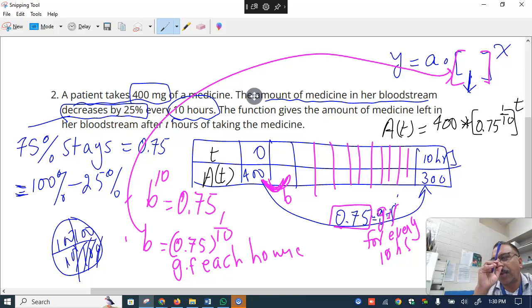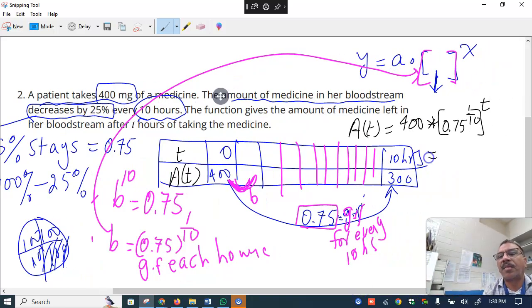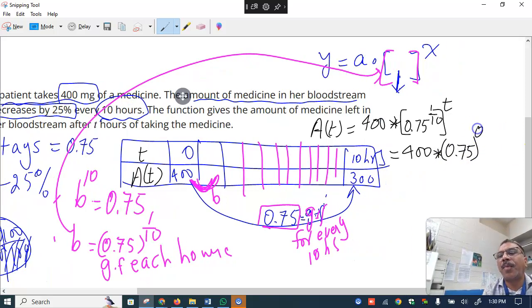The beautiful thing is we are talking about the number of hours since the medication was given. So you put t instead of x, and this equals 400 times, since power of a power means you multiply, 1/10 of t, that's 0.1 times t, and you're done.